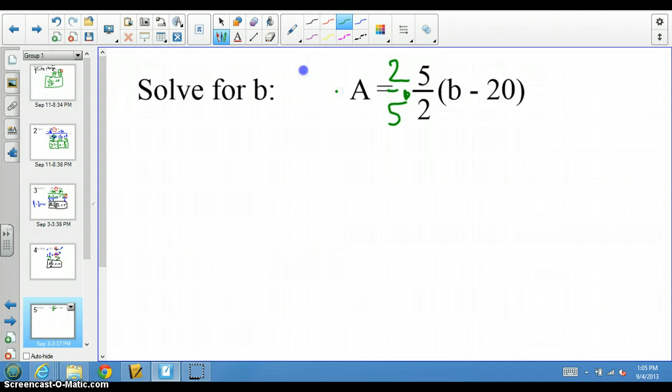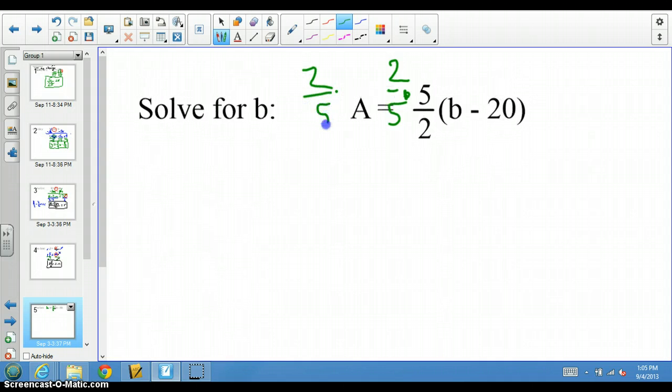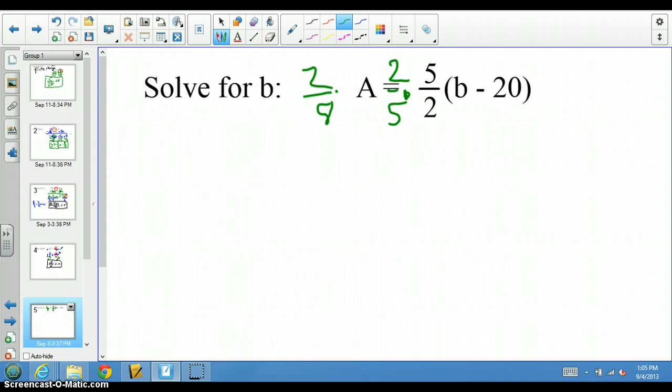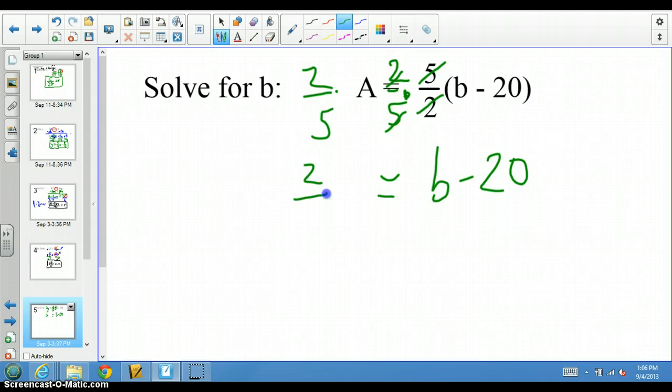So times 2/5. Okay, so whenever you divide by fractions, you're actually multiplying by the reciprocal. So here, on the right side, these will simplify to 1 because they multiply to 1. So you're left with b minus 20. And on the left side, you have 2/5 a.